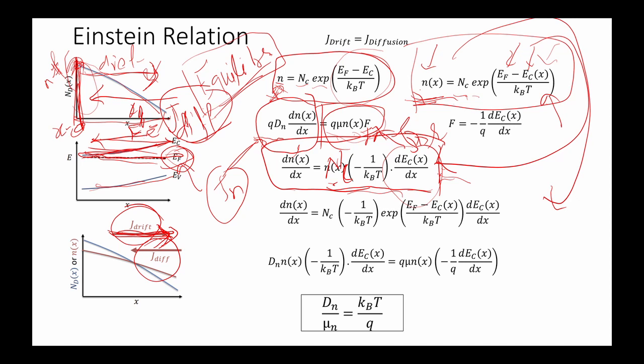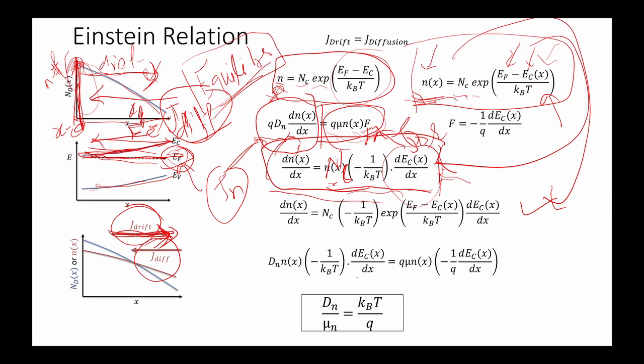So this relationship is established, and we put this back into the above equation, so we get this relationship. Now when we equate the diffusion current and the drift current, we get dn by dx equal to this thing.